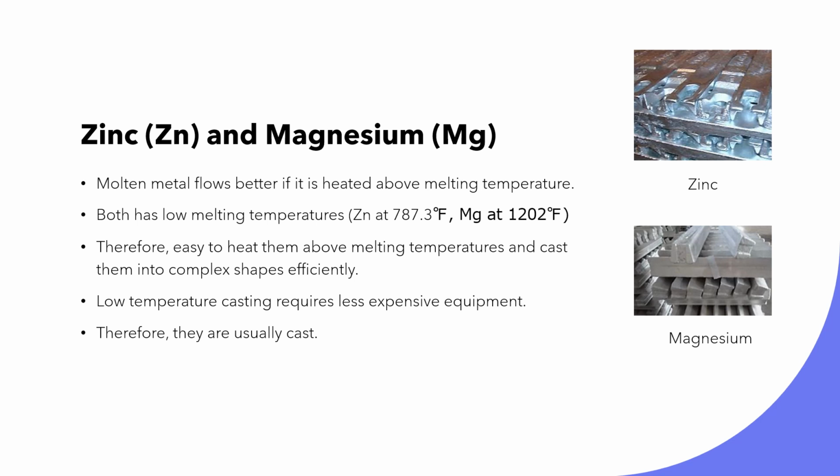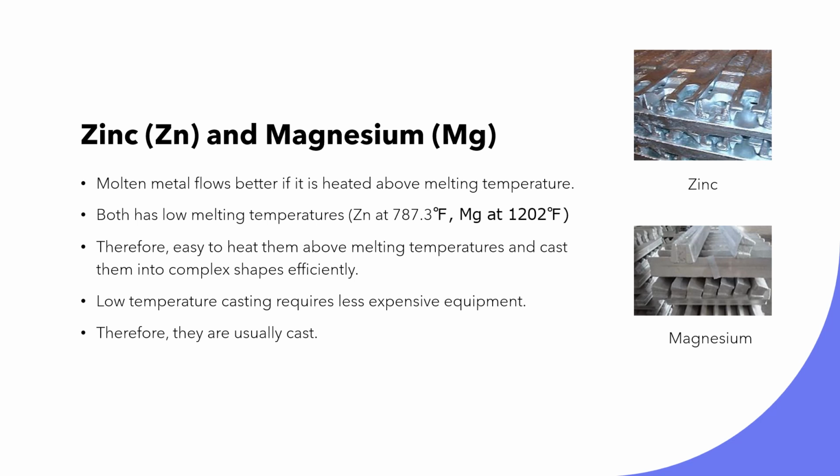We call them low temperature. High temperature means going all the way up to 2500. So low temperature casting requires less expensive equipment. Even in the heating industry, heating the metal, making it molten and shaping it, you still have to spend a lot of money on a good system, because you're dealing with heat, dealing with fire.